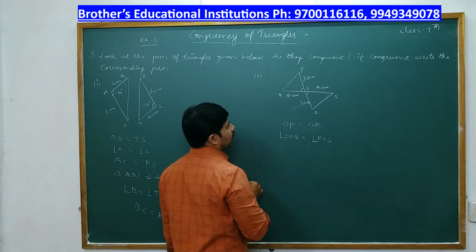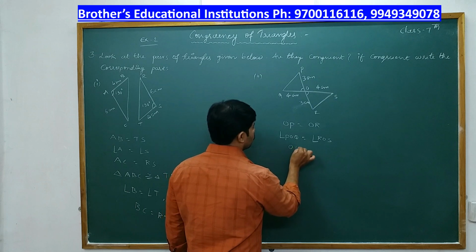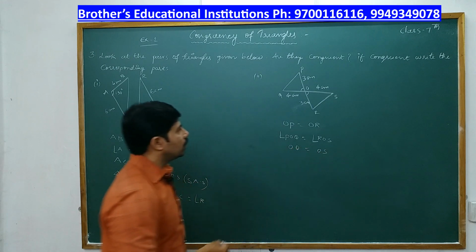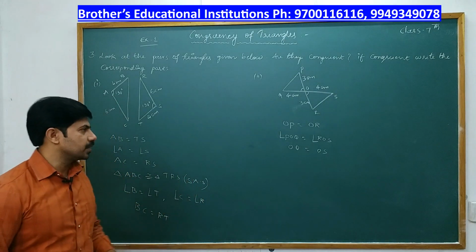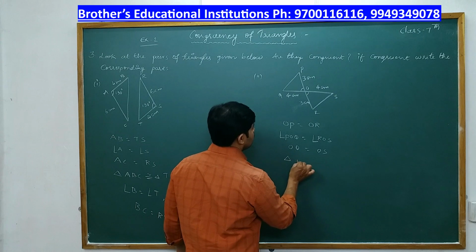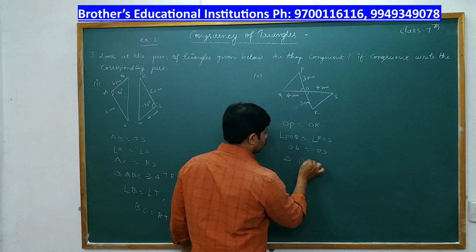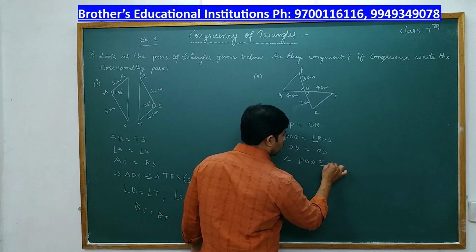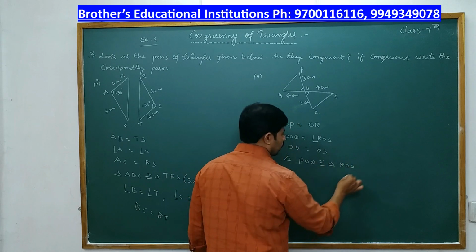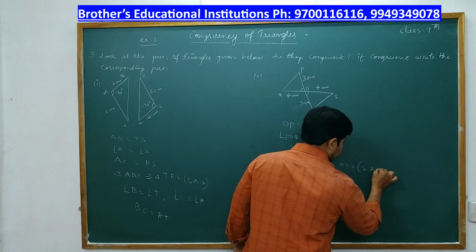And after that OQ is equal to OS, 4 centimeters. Now by these three we say the triangle POQ is congruent to the triangle ROS according to the axiom SAS.